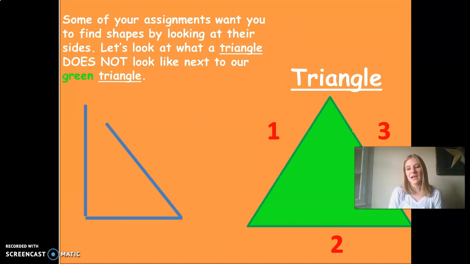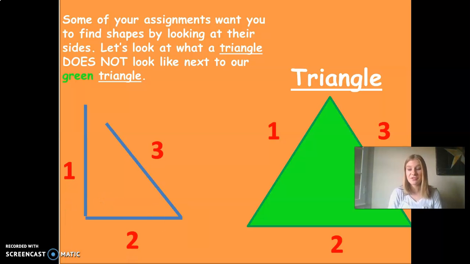So some of your assignments want you to find shapes by looking at their sides, but these assignments might try to trick you by giving you shapes that look like the shape you're looking for, but they are not really that shape. So we see that we have our green triangle again, but now I have a blue shape on this screen that kind of looks like a triangle. Let's see if it is. First, I want to count the sides. 1, 2, 3.